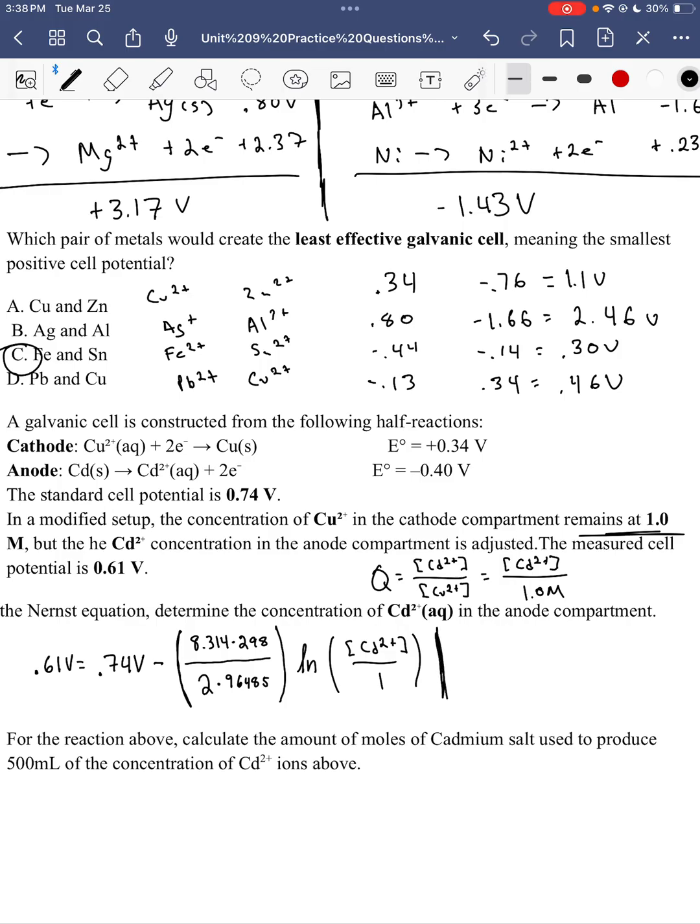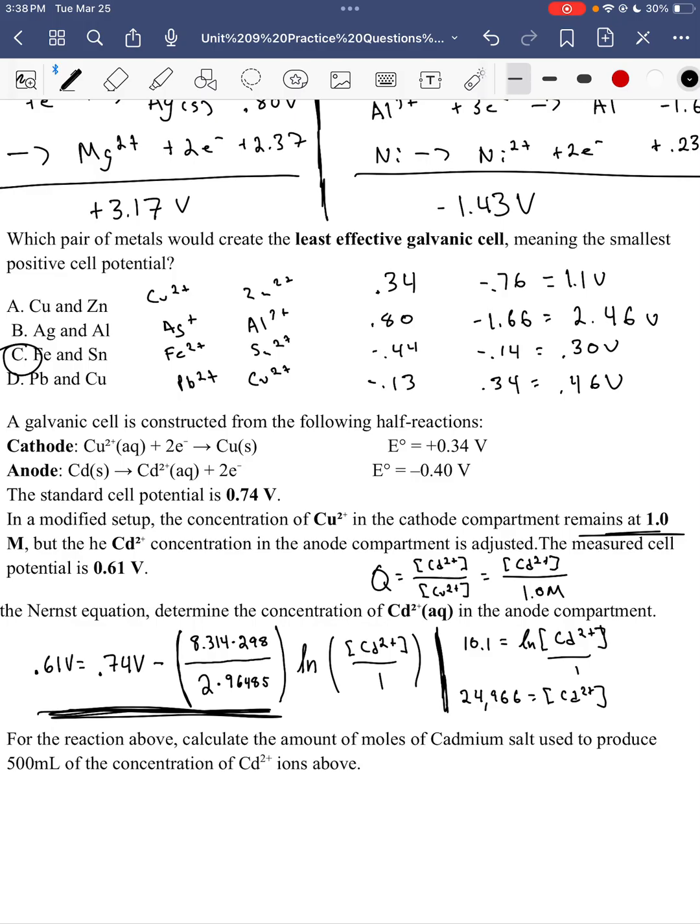So let's do some quick algebra here. If I solve through my algebra and combine all these terms, I'm going to end up with 10.1 equals the natural log of my cadmium concentration over 1, which means e raised to the 10.1, or 24,966, equals my concentration of cadmium over 1.